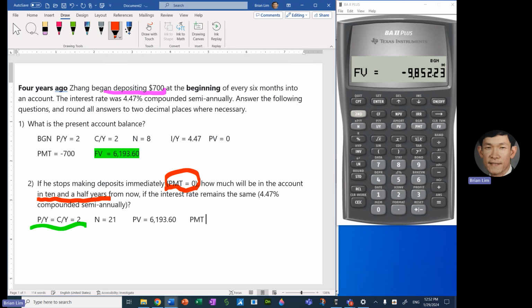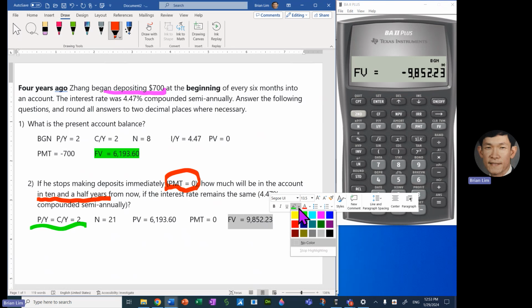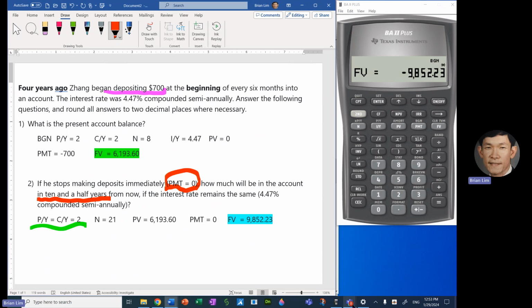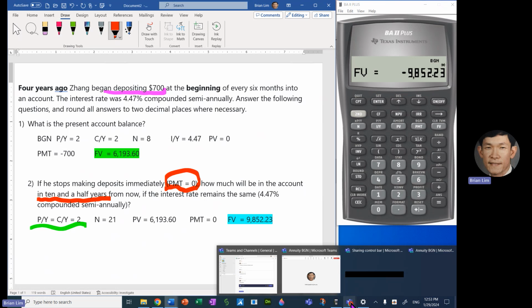So payment is equal to 0, and the future value is equal to $9,852.23. So this is the final answer for the future value, and that takes care of the question: how much will be in the account 10.5 years from now? So that completes the solution to the question.